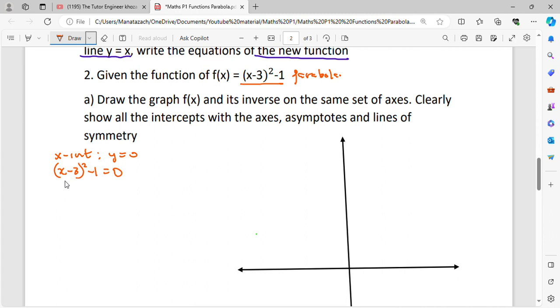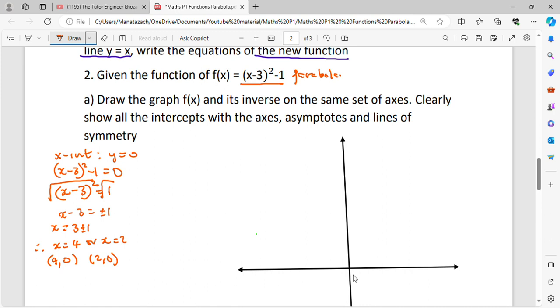When you solve for x, take 1 to the other side, then put a square root sign, then you'll have plus or minus 1. Then x is equal to 3 plus or minus 1. So that means x is either 4 or 2. So the x-intercepts are (4, 0) and (2, 0).